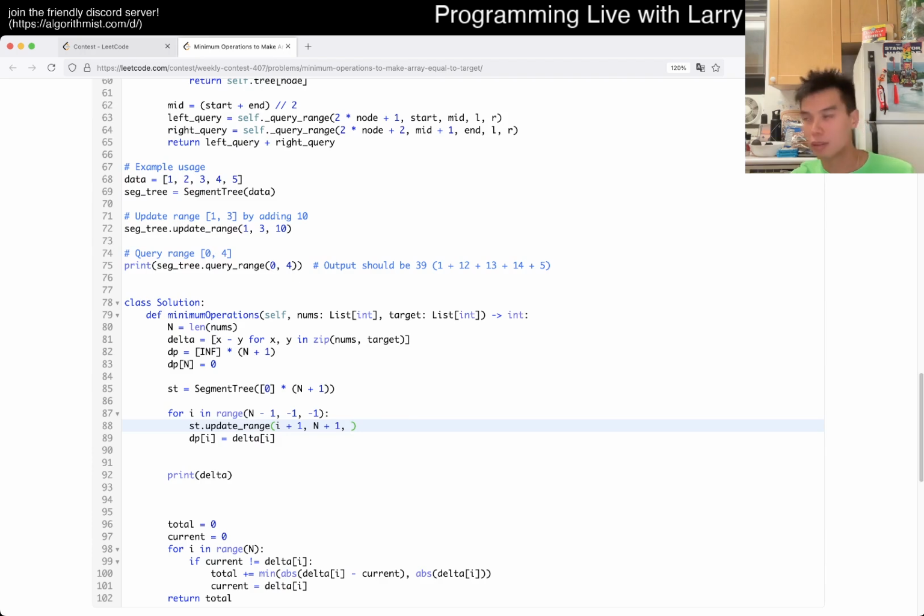By adding, so the total cost, okay, so right.